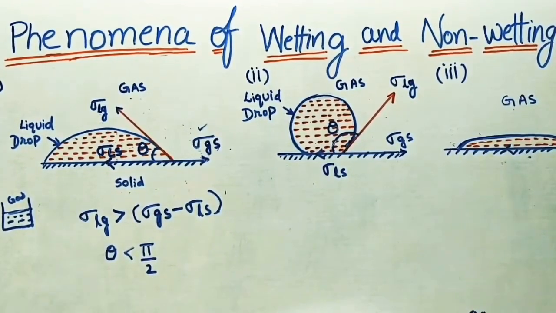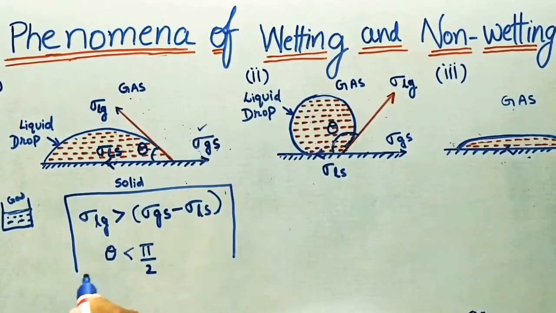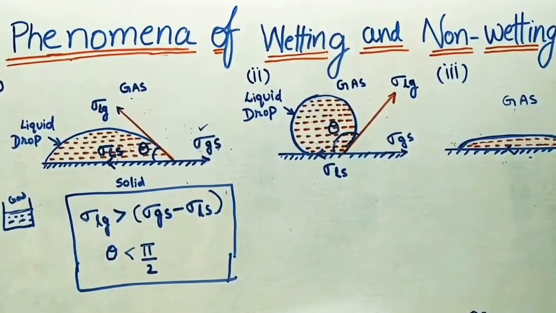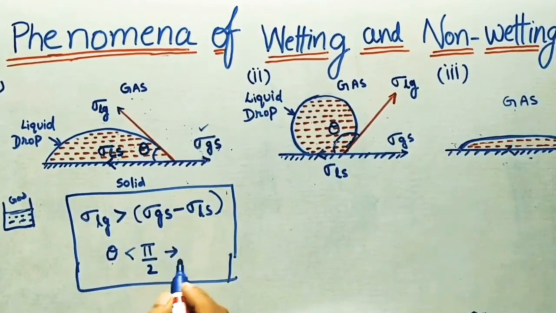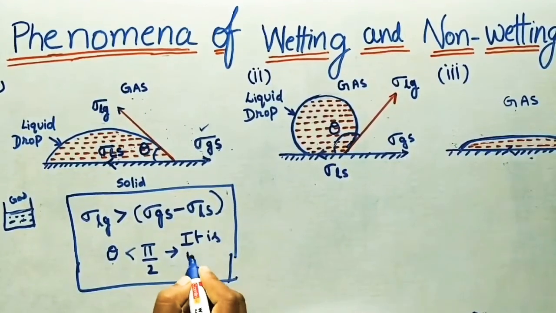These are the two conditions: the first is the equilibrium condition for this liquid drop, and at an angle less than 90 degrees it will wet the surface.